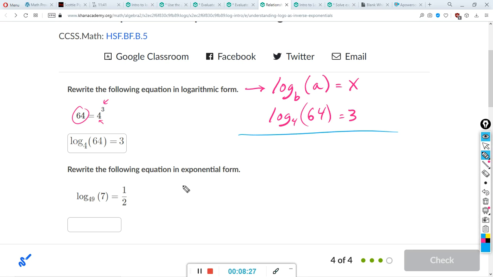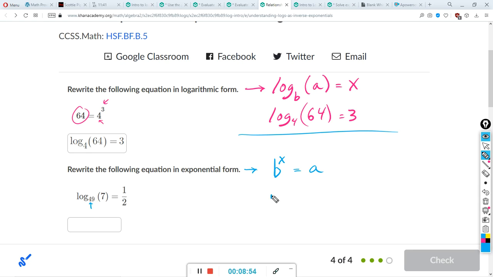So we want this in exponential form. The equation for exponential form is: we have our base b, and b is the number with the exponent x, and that's going to equal the argument, a. So we can see from this that the base is 49.